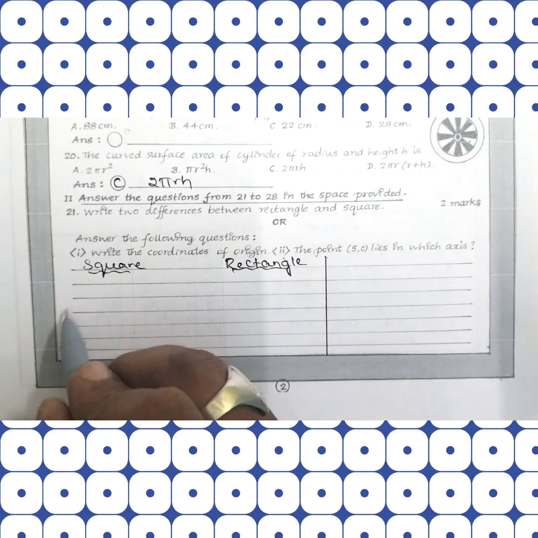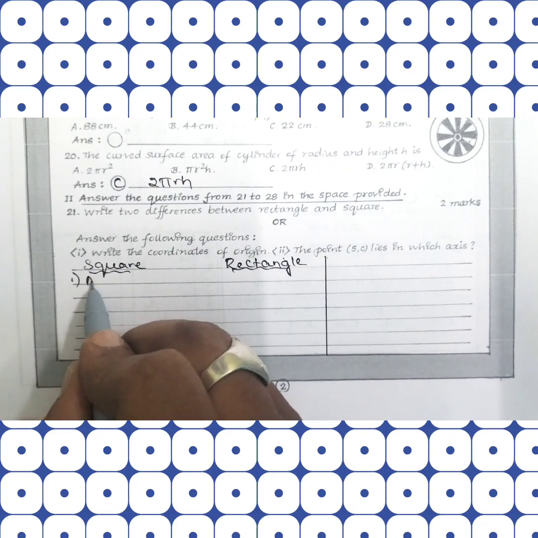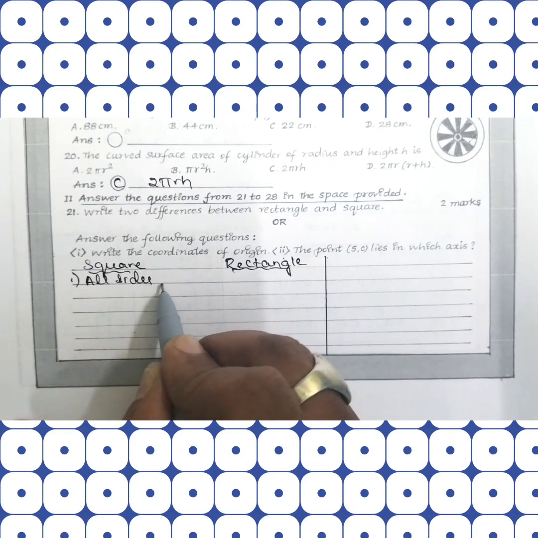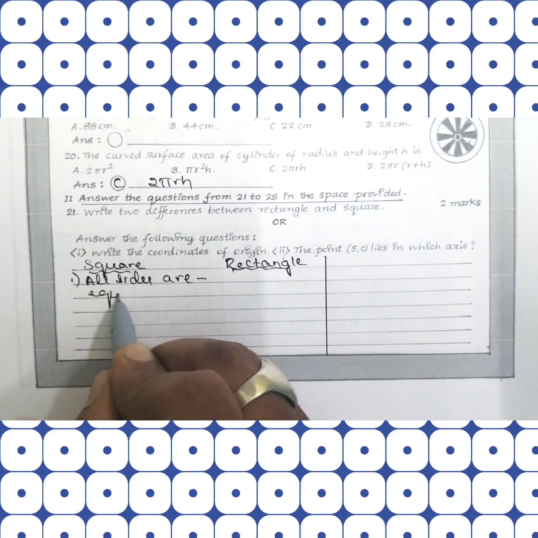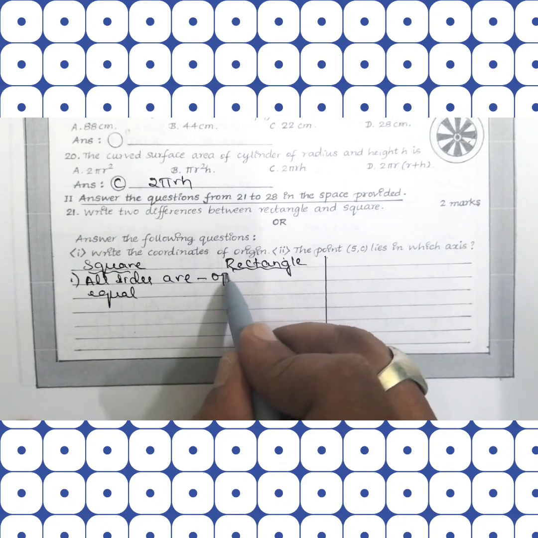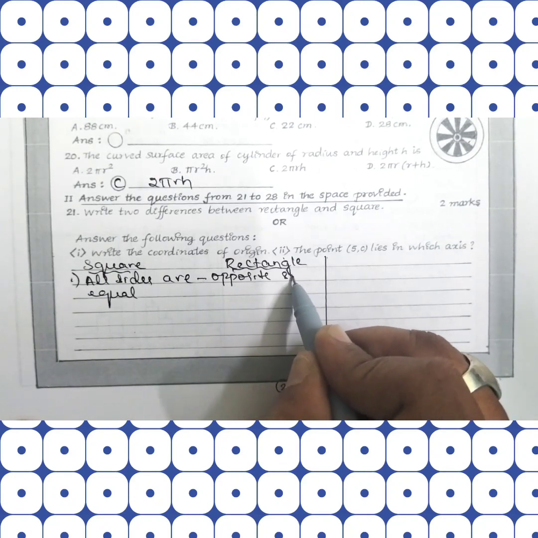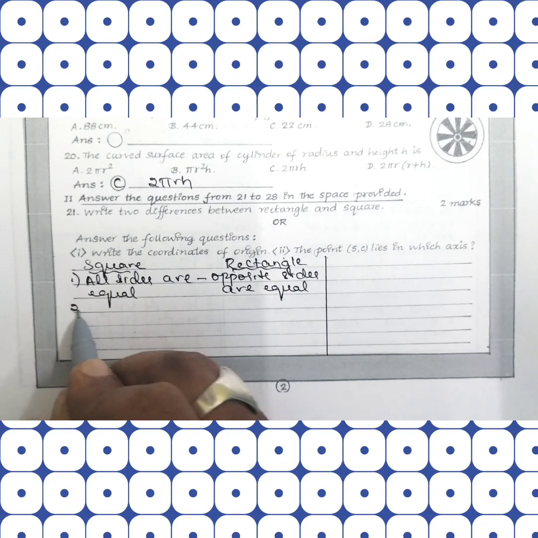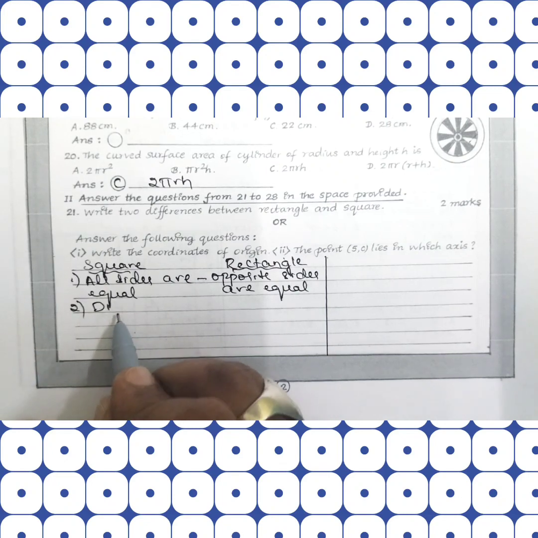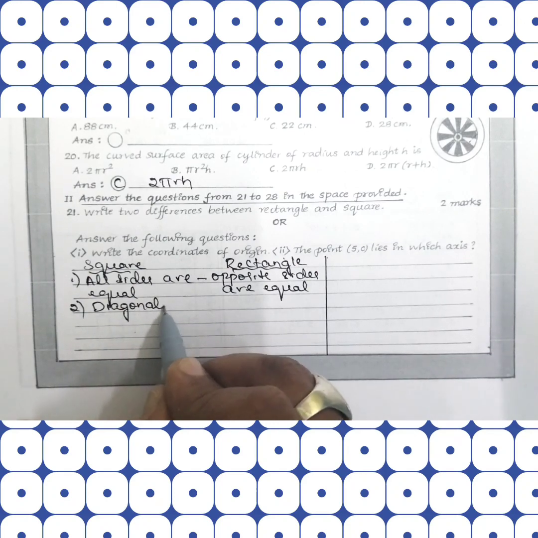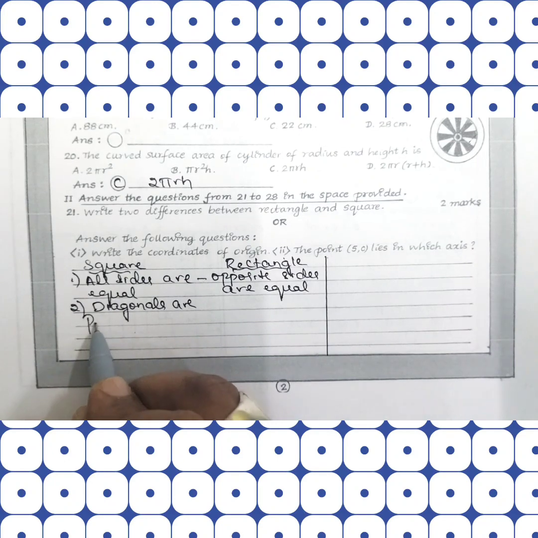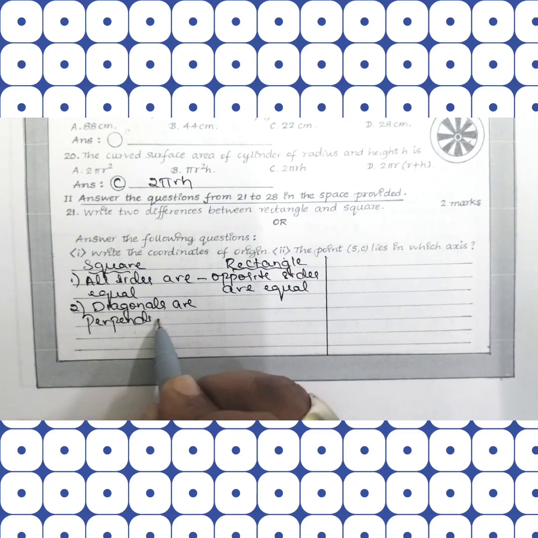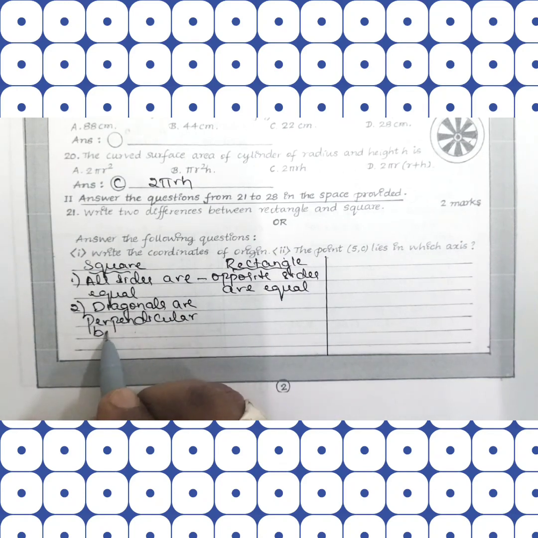The first difference between square and rectangle is, in a square all sides are equal. In a rectangle opposite sides are equal. And the second difference is, in a square diagonals are perpendicular bisector of each other.